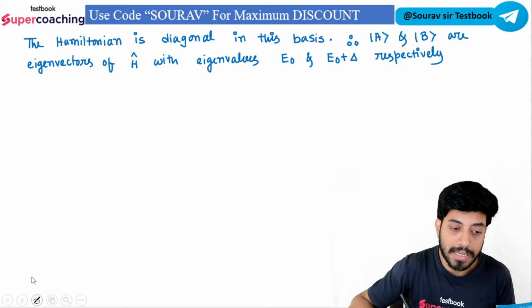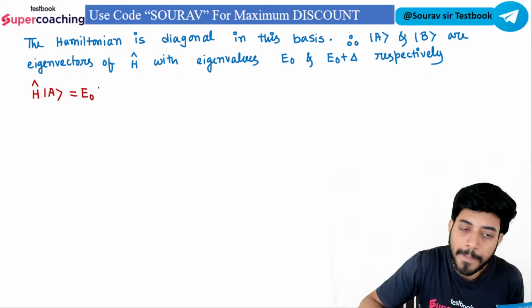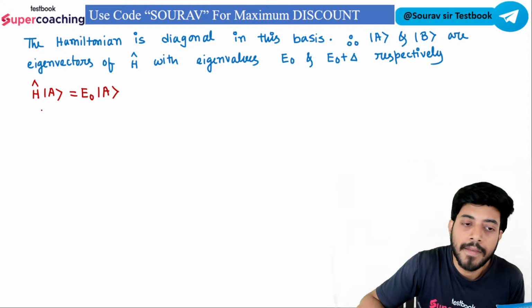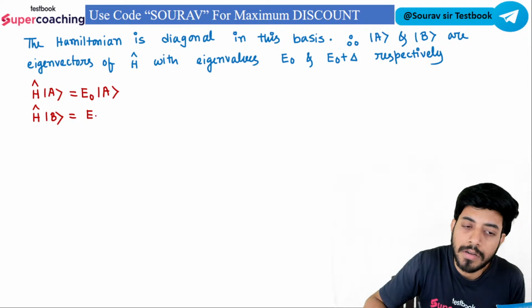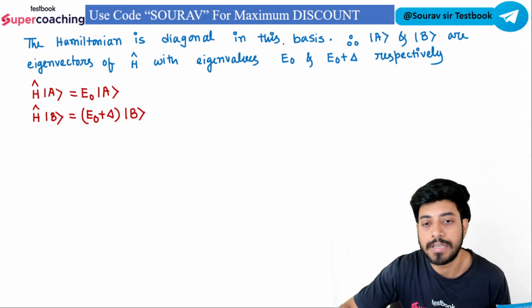Now we can just write it down as well. H cap operates on A, gives you E naught into A. H cap operates on B, gives me E naught plus delta into B. So it's a eigenvalue.